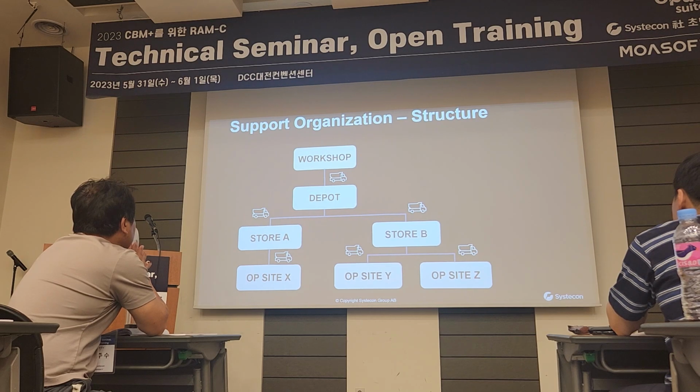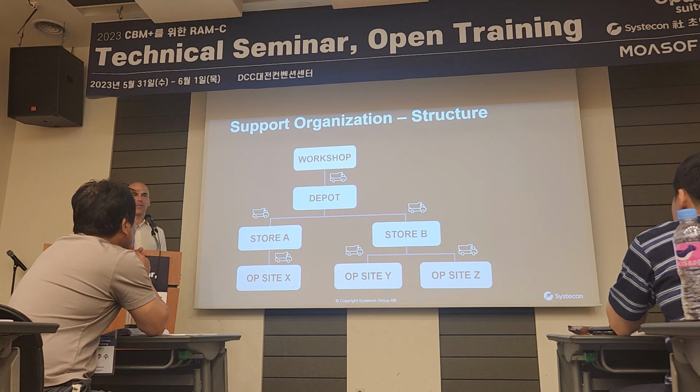I have a question. Mm-hmm. Is the structure the physical relationship between the sites? Yes. Does it mean that if the system has a failure on the operand site X, the system has to go to the depot via store A? Is there any route directly from site X to the depot?